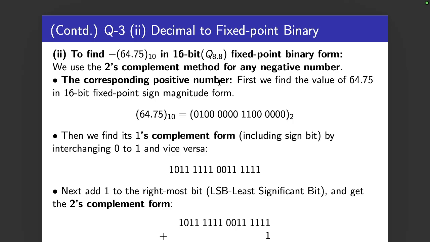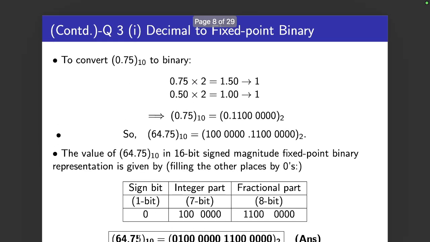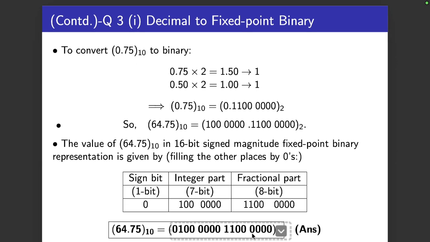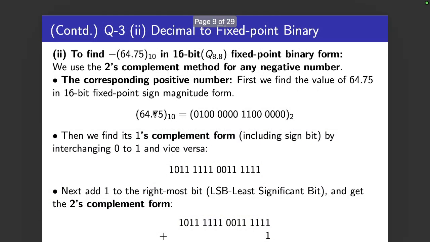Other methods are the 1's complement method and so on, but we recommend the 2's complement method here. First we find the corresponding positive number. Already we have found 64.75 in fixed point sign magnitude form in the previous slide. So this is the 16-bit fixed point binary of 64.75.